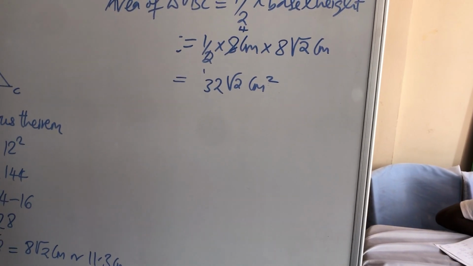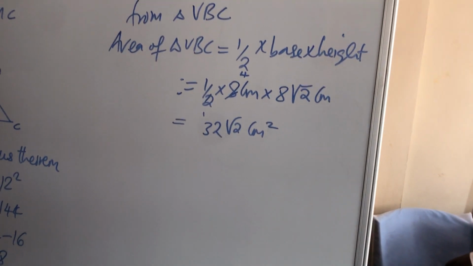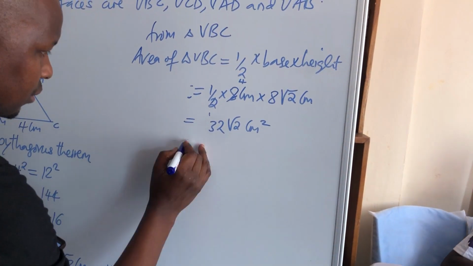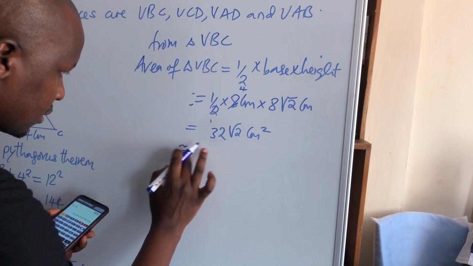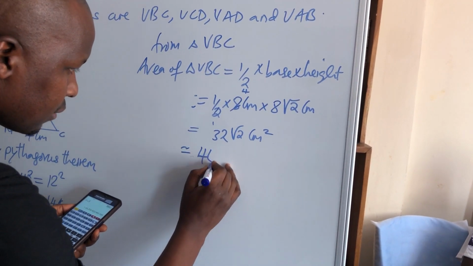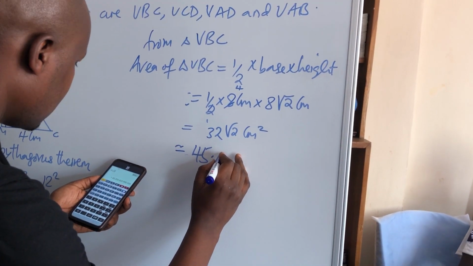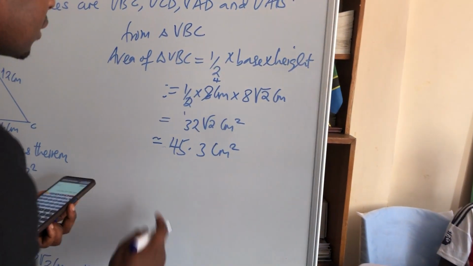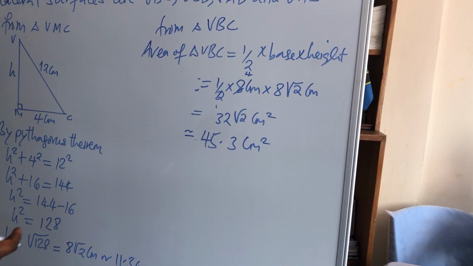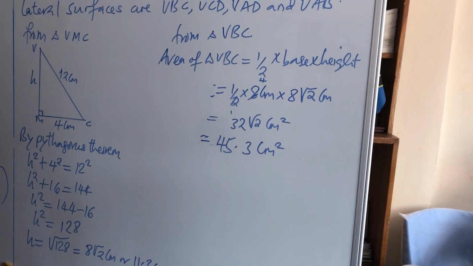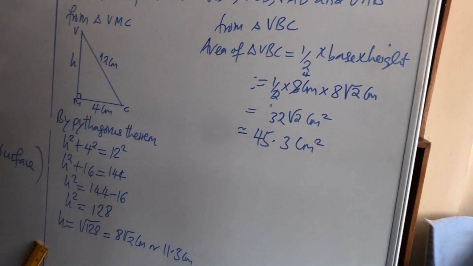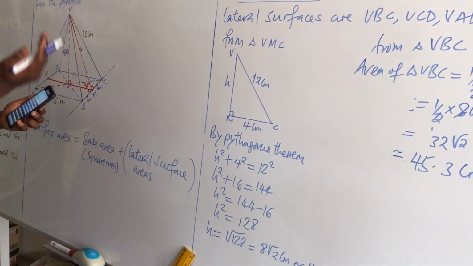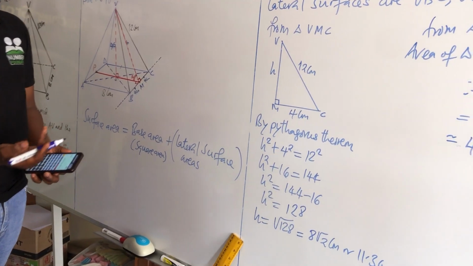Now coming back, when we simplify 32 radical 2, it is approximately equal to 45.3 centimeter squares, because these are the units of length. And then now we have one lateral surface area. So what next? The lateral surfaces are 4 in number, and all of them are the same. So we just multiply them by 4.